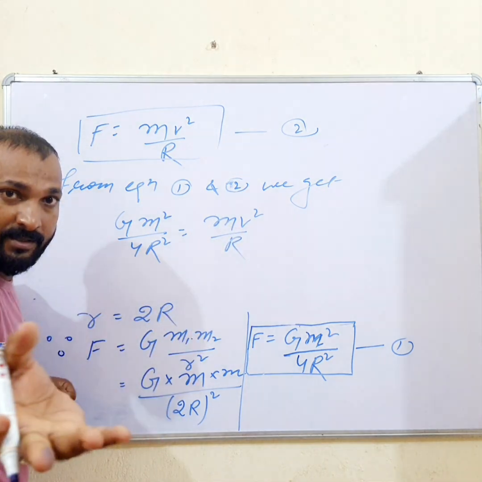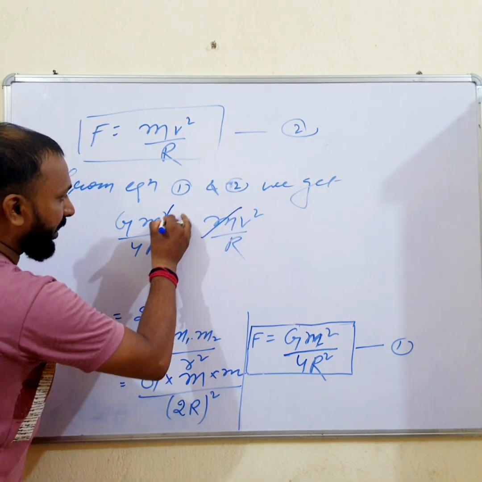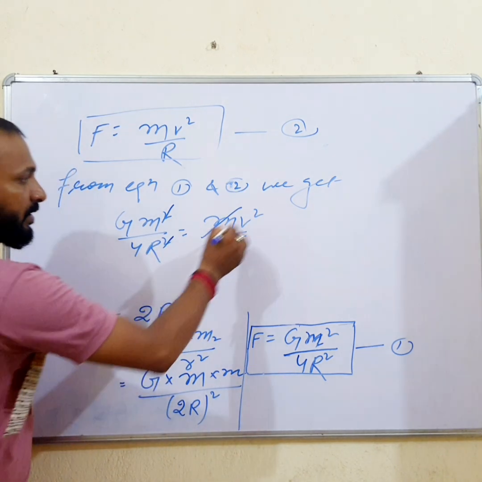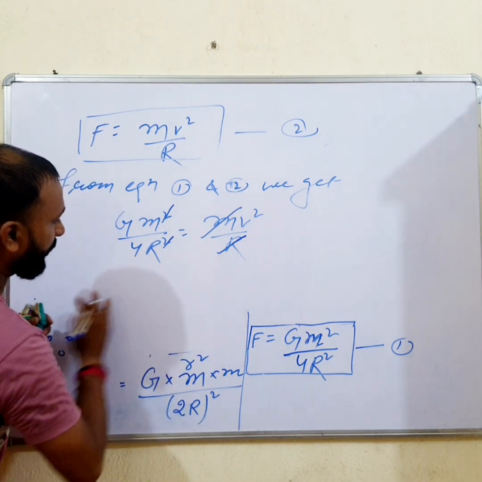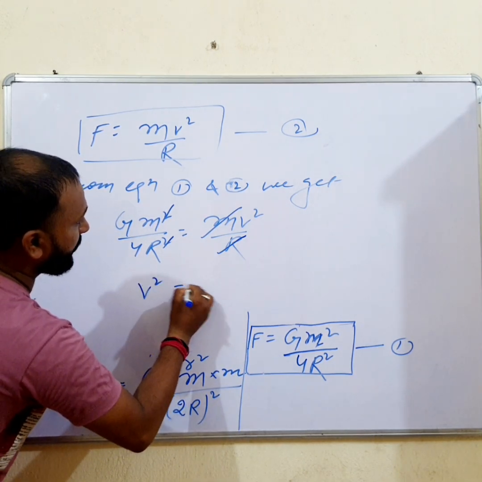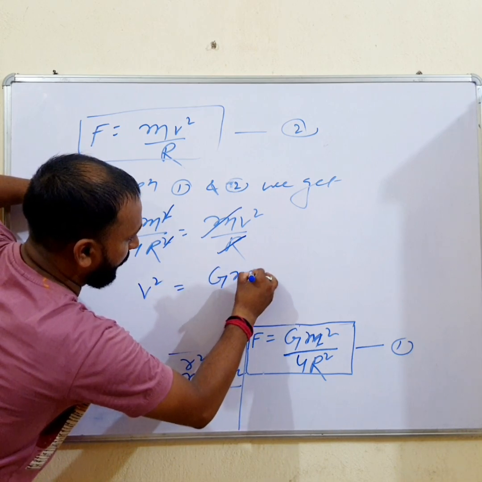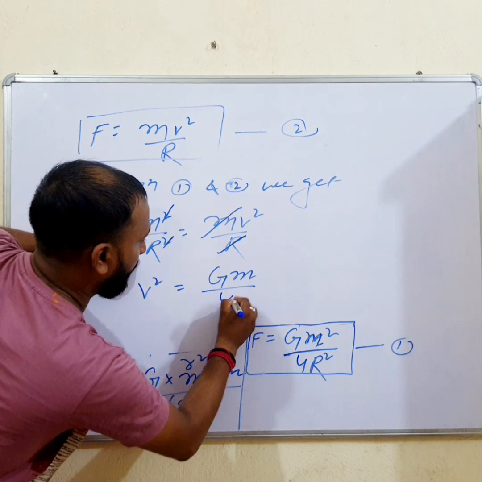Now one m and one m cancel out, one r and one r cancel out. Now here will be v square equals G m upon 4r.